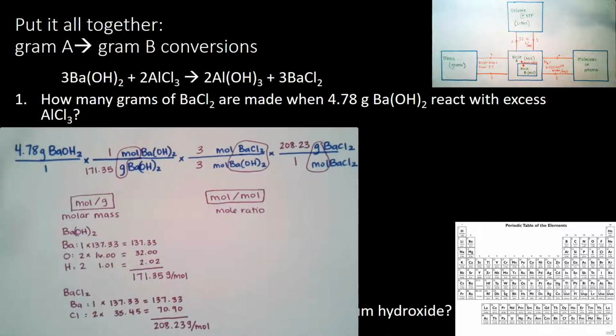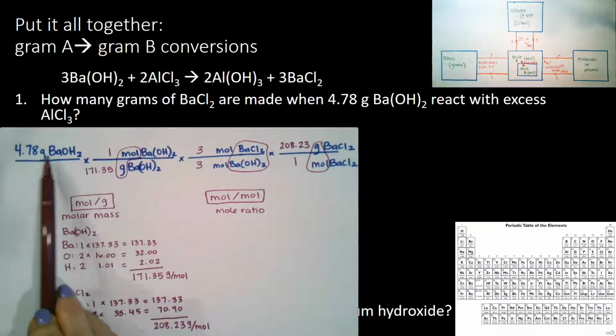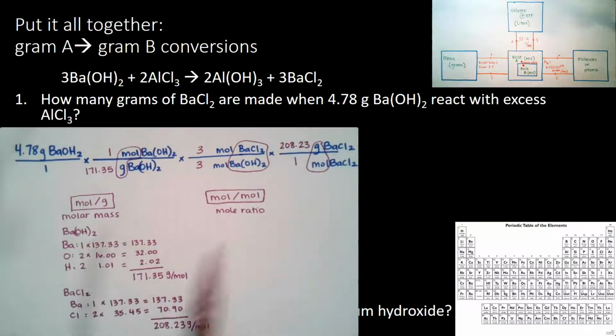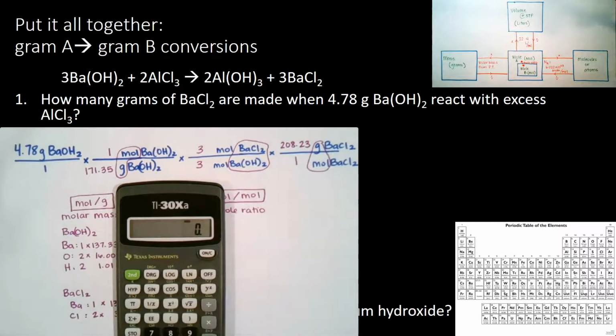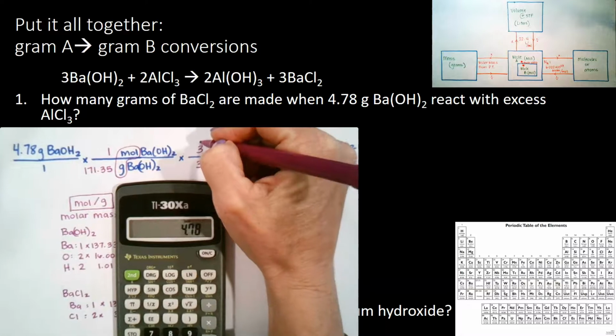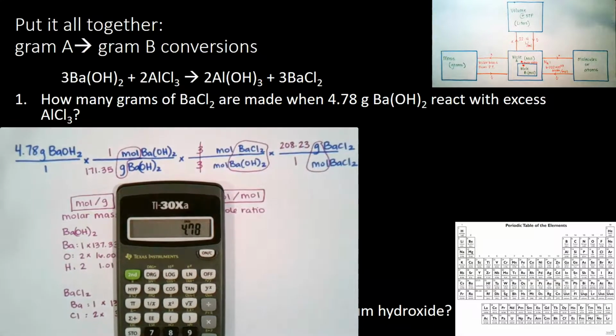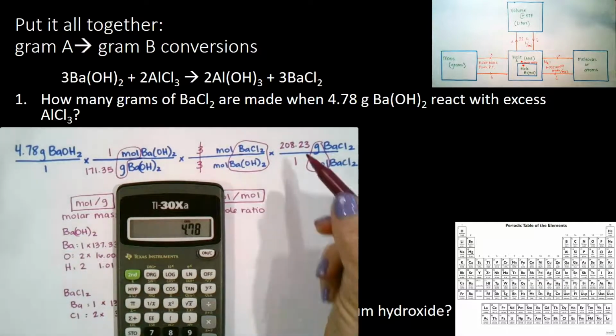So now in order to solve this problem, we are going to multiply everything on the top of our fraction. So I'm going to say 4.78 times, and now we've canceled these out because it's 3 over 3, so I'm going to ignore those, times 208.23.